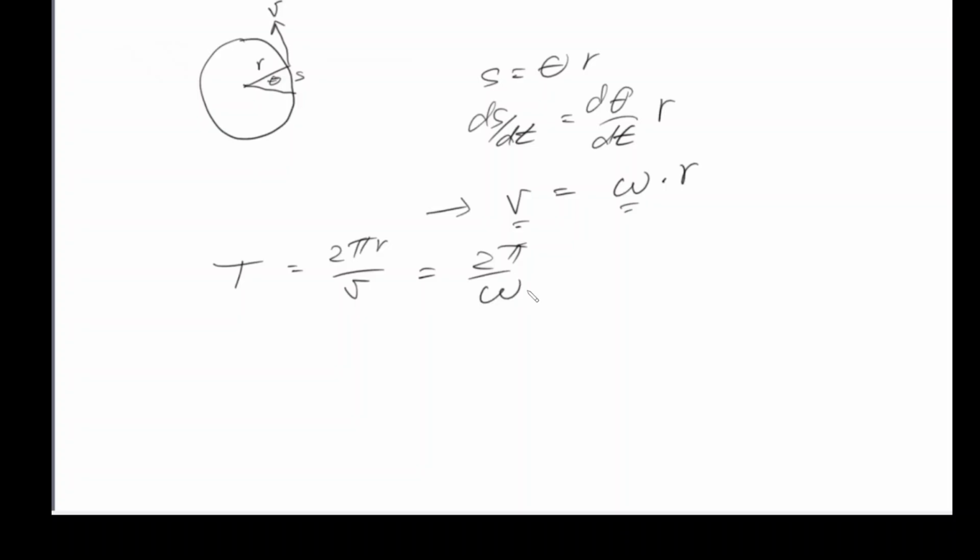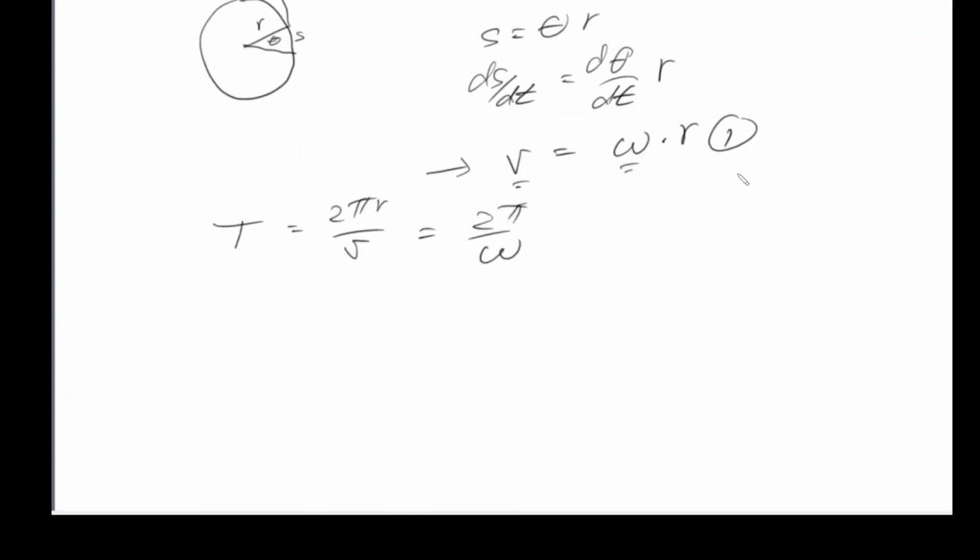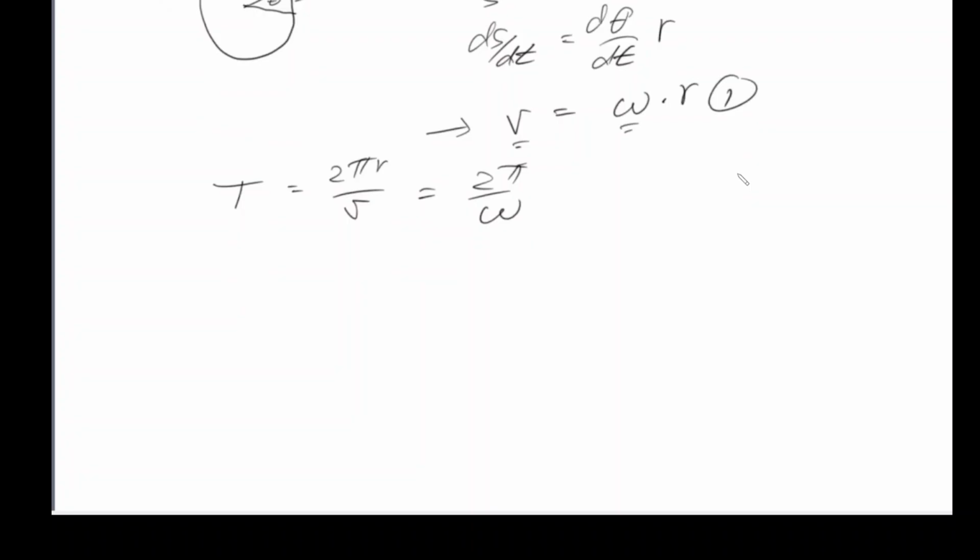And let's call this equation 1. So from equation 1, if we take the derivative of it, dv dt, that is equal to d omega dt times r.